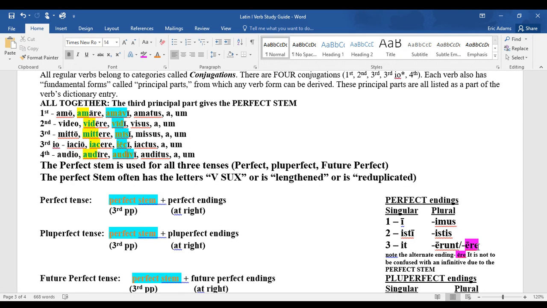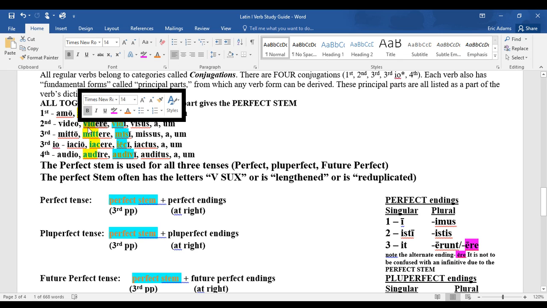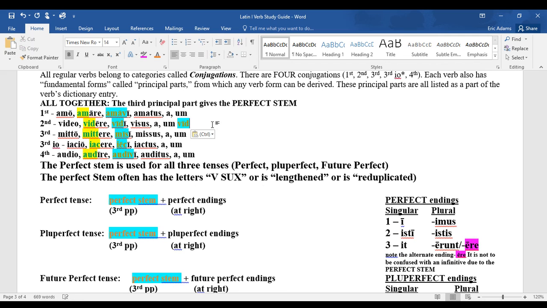And you might confuse this for an infinitive. However, the way you will not confuse it is that you will see that it is attached to a perfect stem. If you were to see the infinitive videre, highlighted right here with a present stem, which in this instance has a short e, that would be vastly different from the perfect stem, which you can see right here.